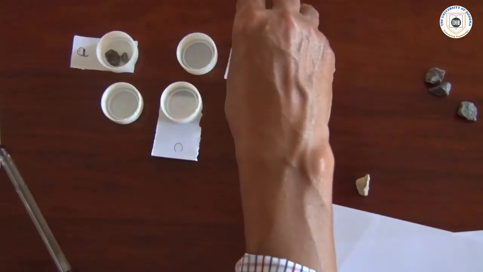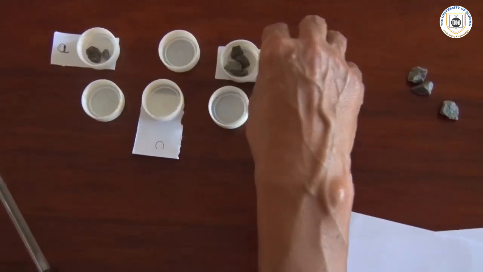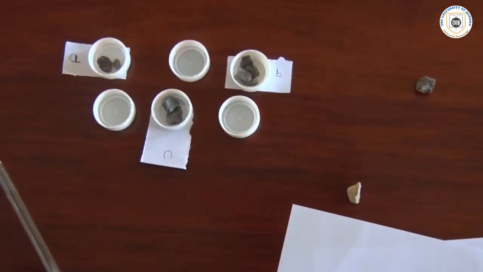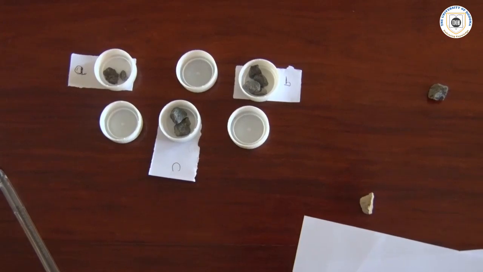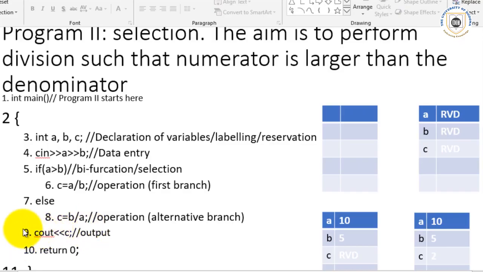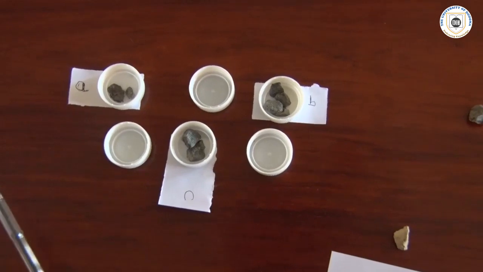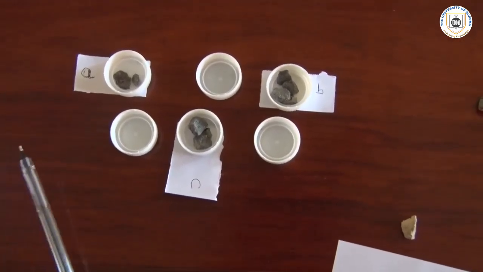But in computers, the data which was in the variables remains. Only the 2, which is the result of that division, will go into C. And that's why in line number 9, when we are told to output C, we shall see 2 as it appears in our physical model.